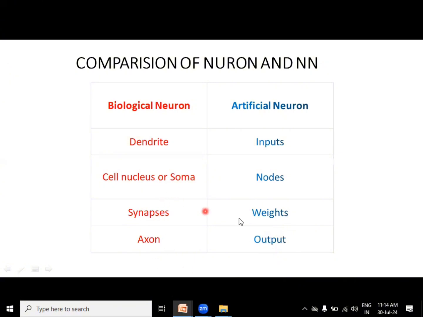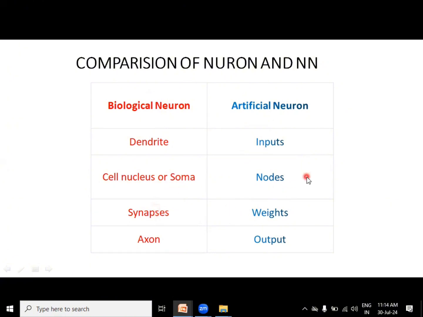Here the synapse is called a weight function. So these are the components of a biological neuron. These are the components of artificial neural networks. This artificial neural network is inspired by the biological neuron. Dendrite means input. Nucleus means hidden. Axon means output. The connection of the end terminal is called synapses.